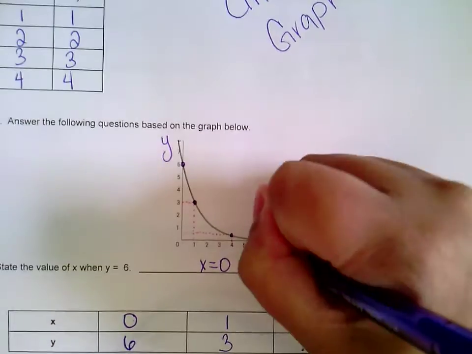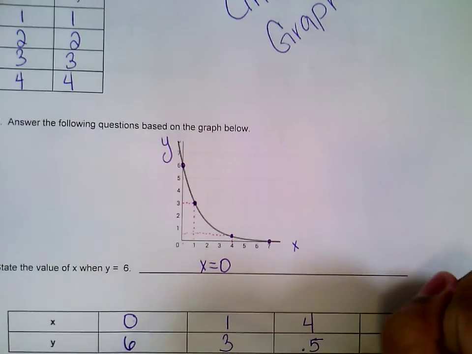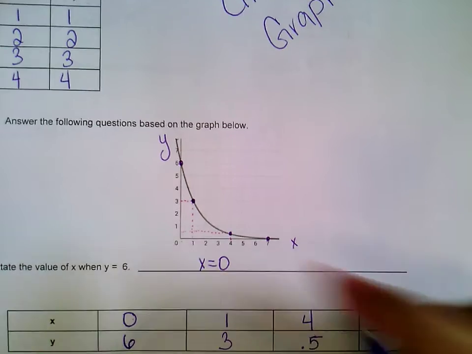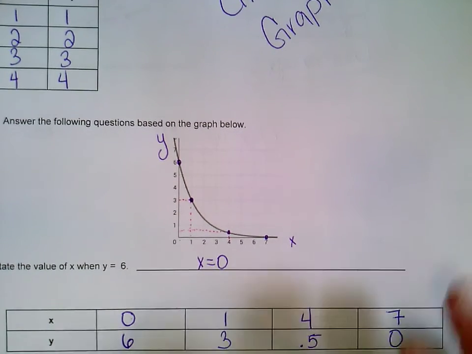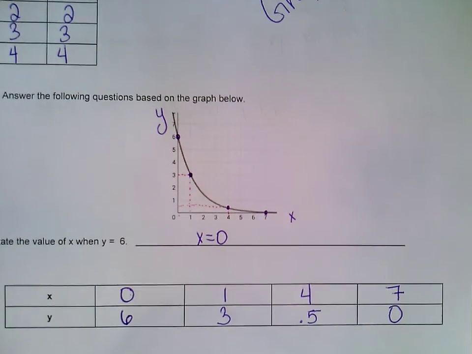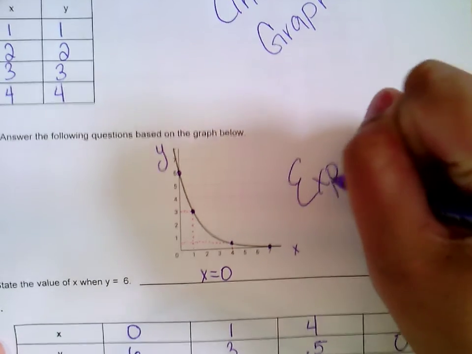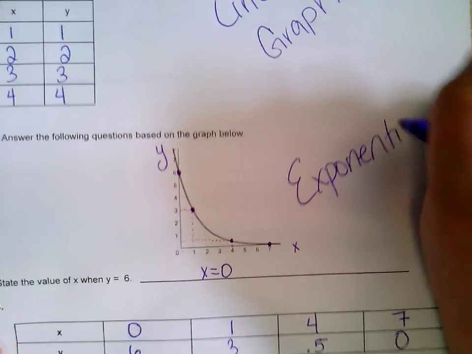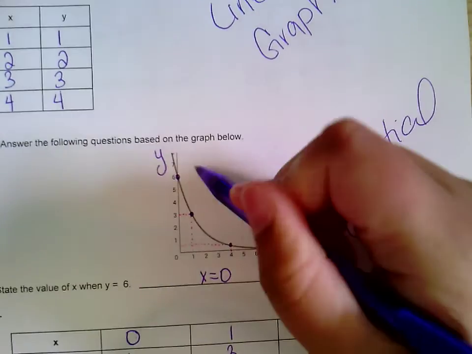And the last nice point I'm going to do is this one. When x is 7, y is 0. And that's it. Again, based off of the picture, this is an exponential graph. Why? Because it looks like an L.